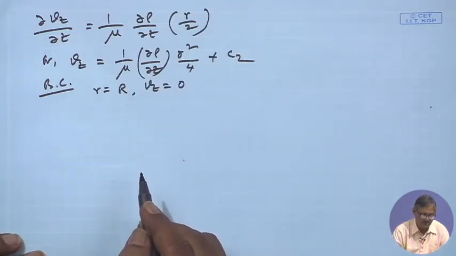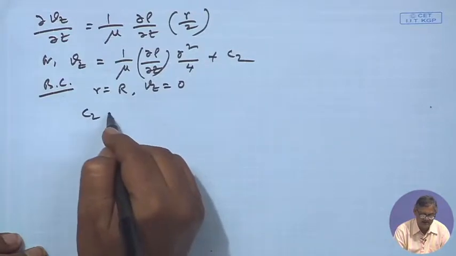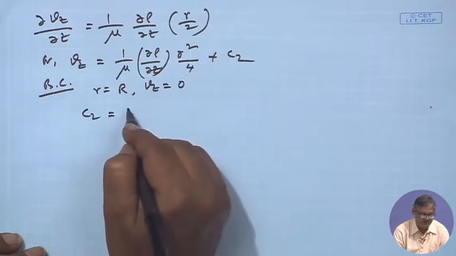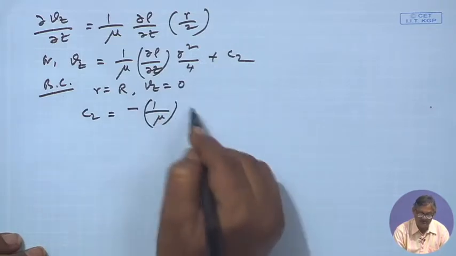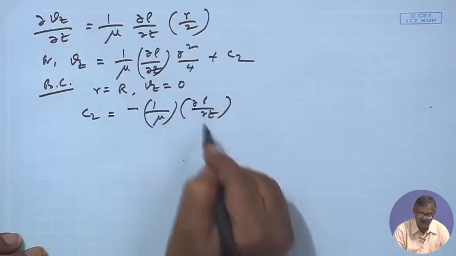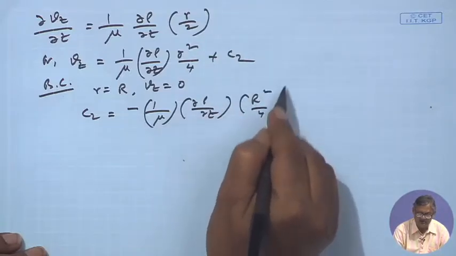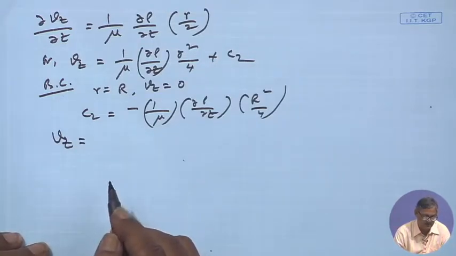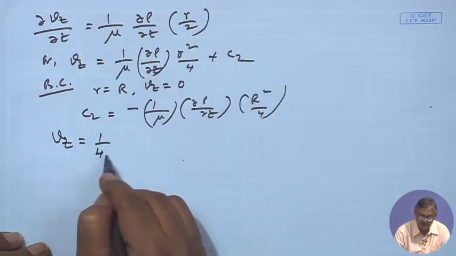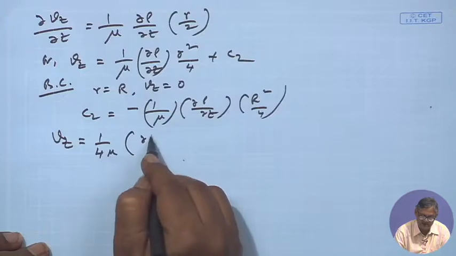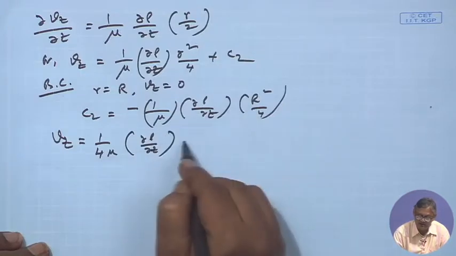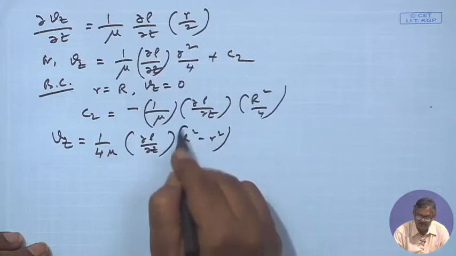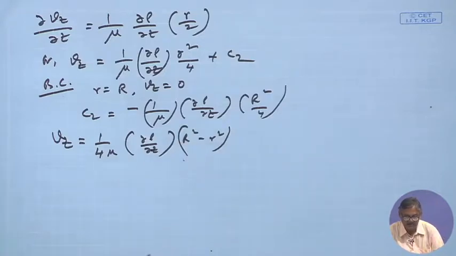If that be true, at r = R, Vz becomes equal to 0, then C2 becomes equal to minus (1/μ)(∂P/∂z) into R²/4. Therefore, we can write Vz is equal to (1/4μ)(∂P/∂z) into (R² − r²).